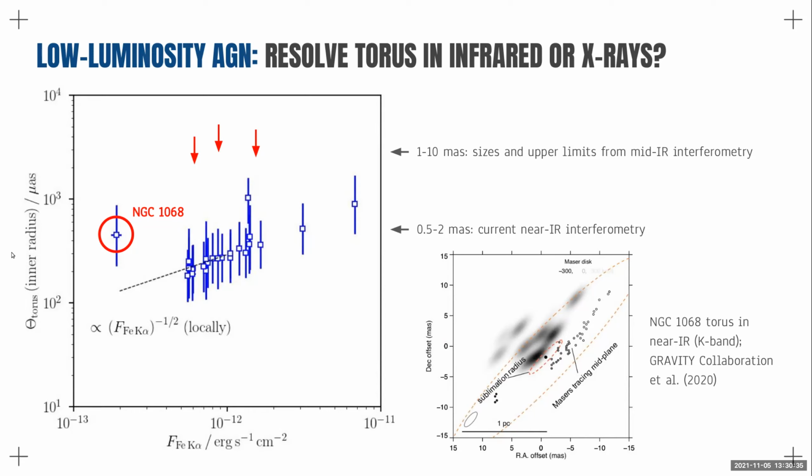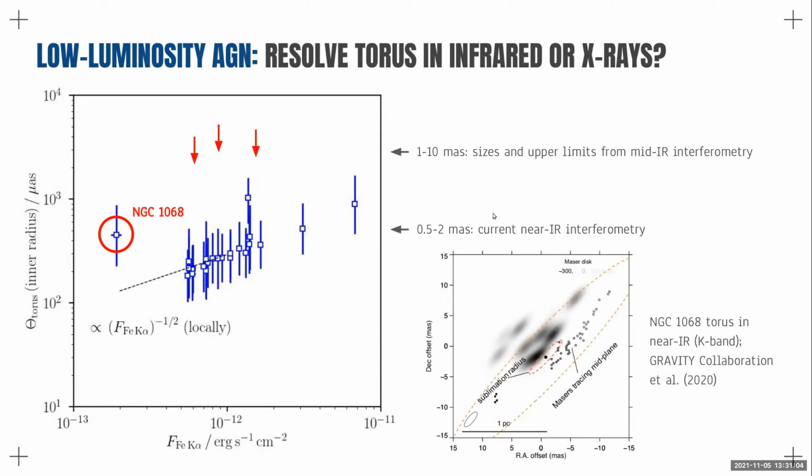On the left here, I'm showing these torus angular sizes as a function of X-ray flux for the 25 brightest X-ray AGN. You can see that it roughly scales with the square root of the flux, but all of them end up being sub-milliarcsecond scale out to about 100 megaparsecs.